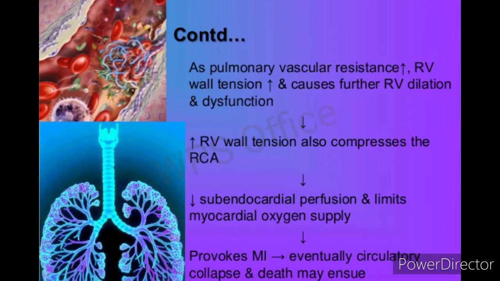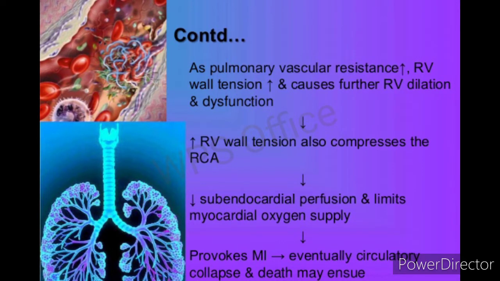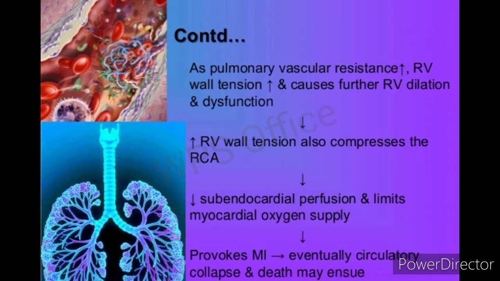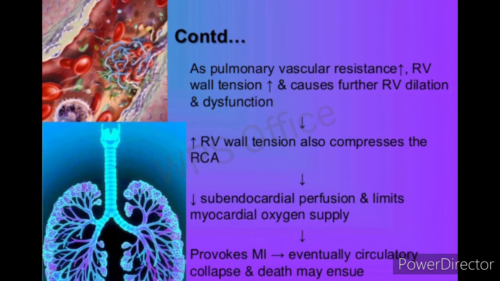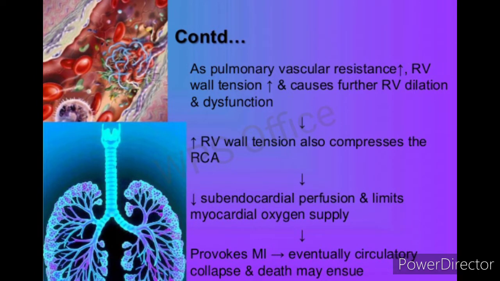In the next slide, as the pulmonary vascular resistance increases, what will happen? First, I have told you what pulmonary vascular resistance is. It is resistance against the blood flow from the pulmonary artery to the left atrium. As it increases, the right ventricular wall tension will increase.